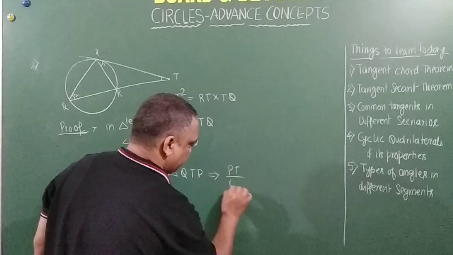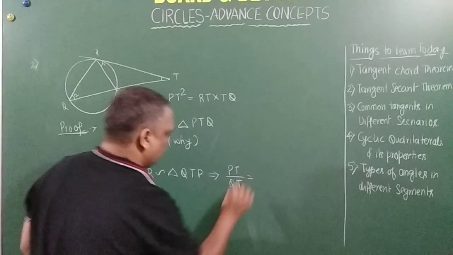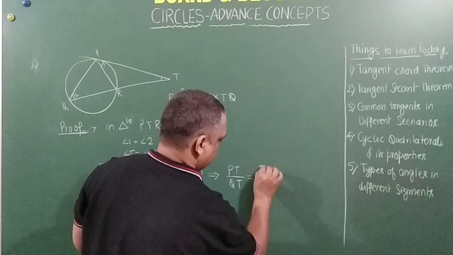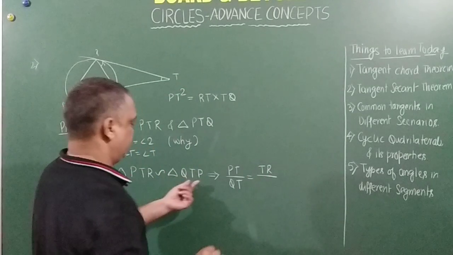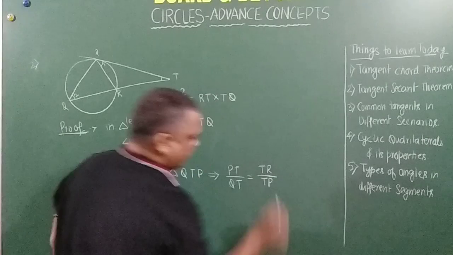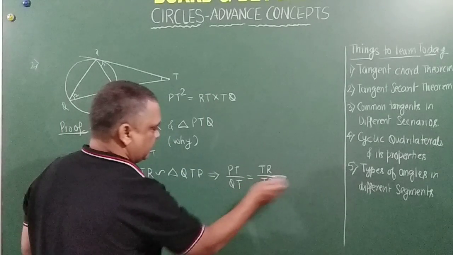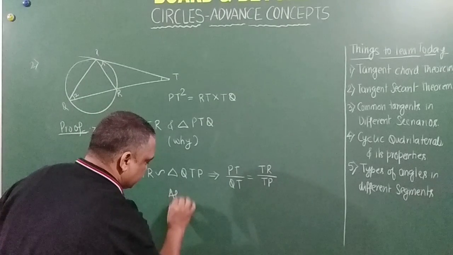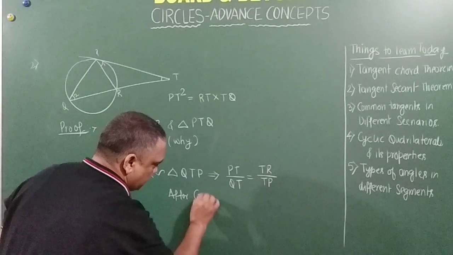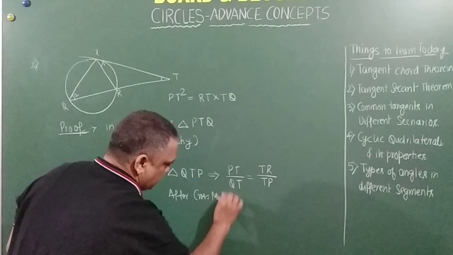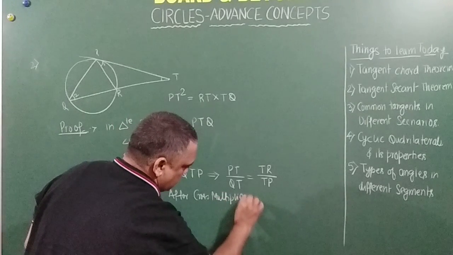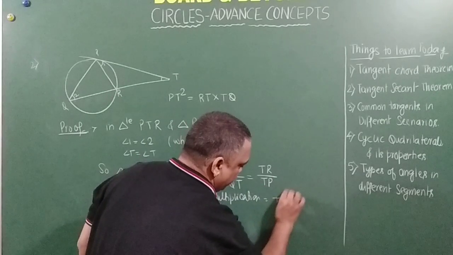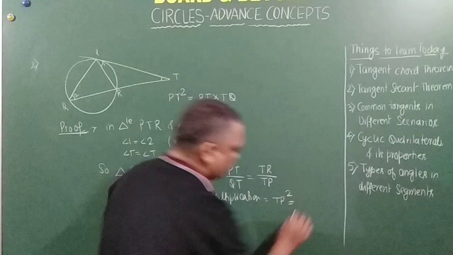PT by QT is equal to TR by TP, right, friends? So now do a cross multiplication. So after cross multiplication, this into this is nothing but TP square is equal to TR into QT.